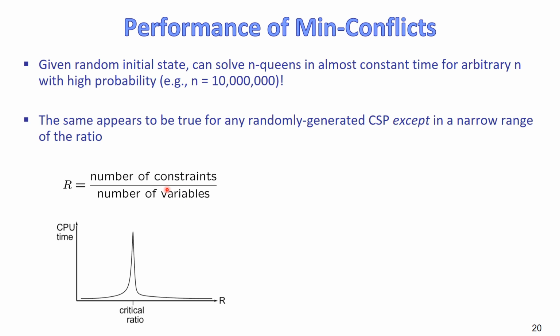Generally, the number of constraints is not much larger than the number of variables, and vice versa. In this case, it is more problematic for iterative improvement, and it will take more time.